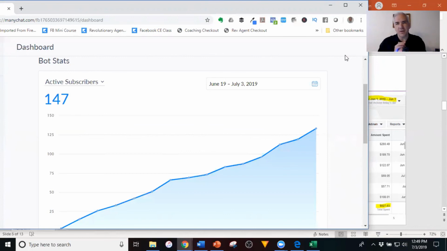So basically over 3 weeks, in fact, it hasn't even been 3 weeks. It's been 16 days. Anyway, 15, 16 days. And we've generated 147 leads on $150, $160 spent. So we're a little over $1 per lead, which again is insanely inexpensive.